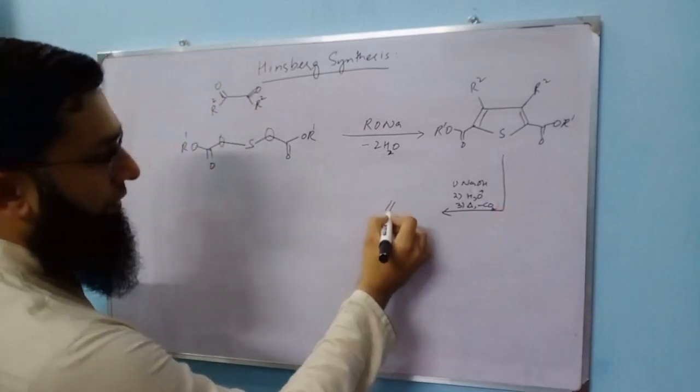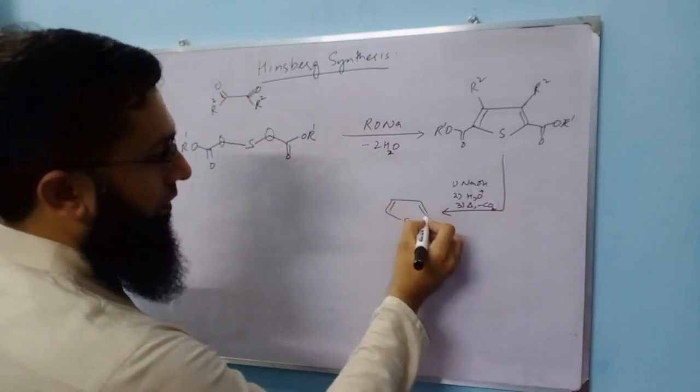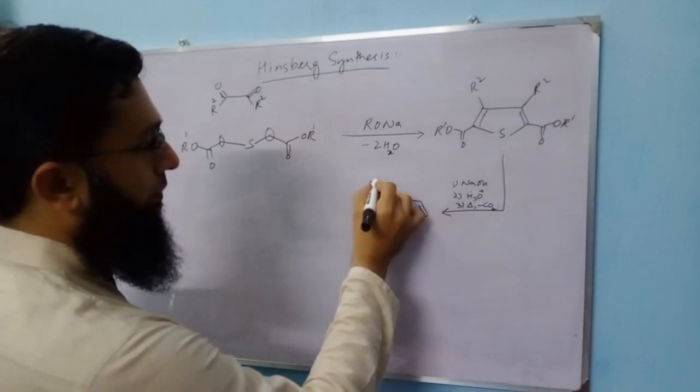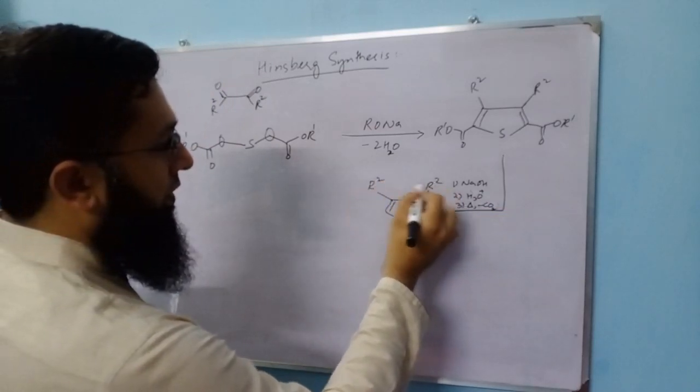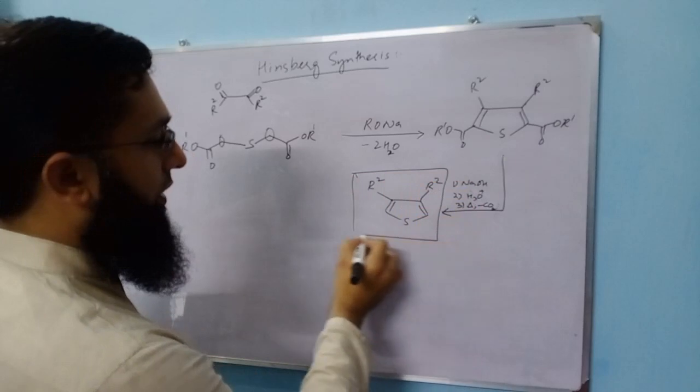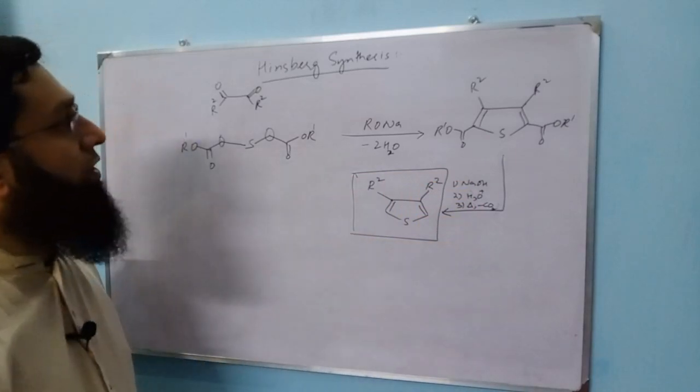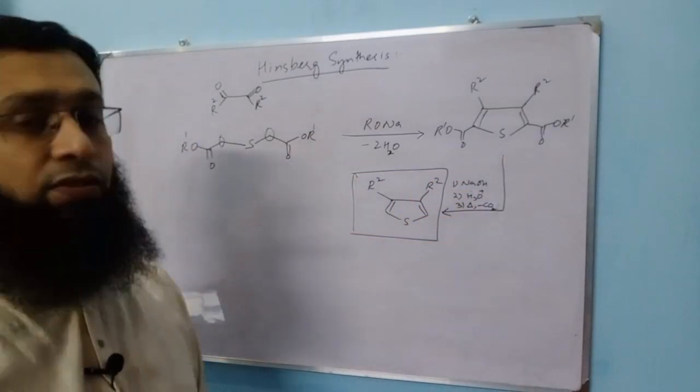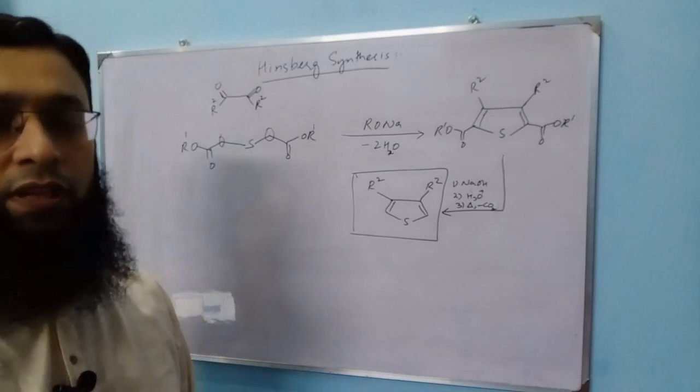So we would get thiophene derivatives. So these are the methods for the synthesis of thiophene. Now we can see some reactions.